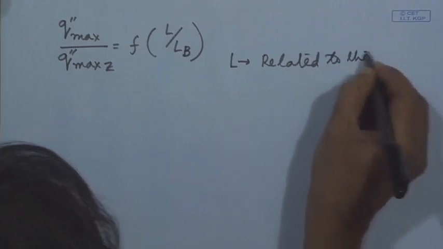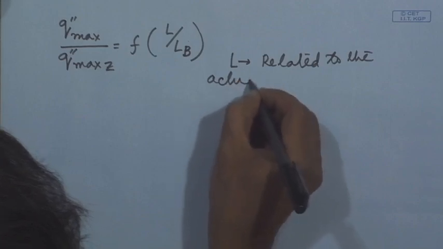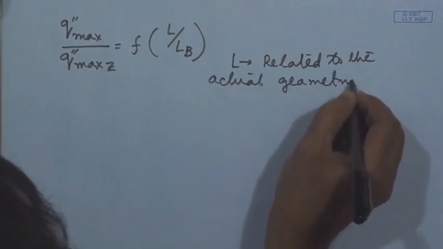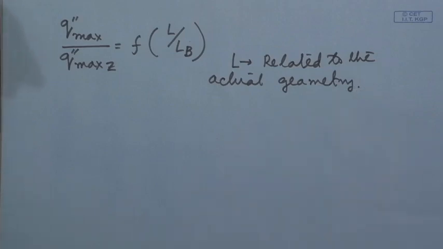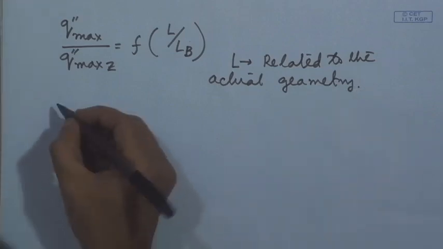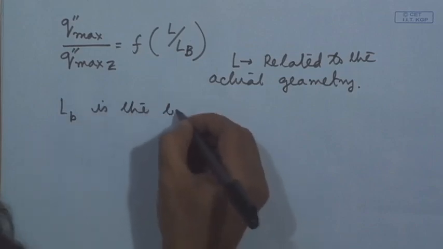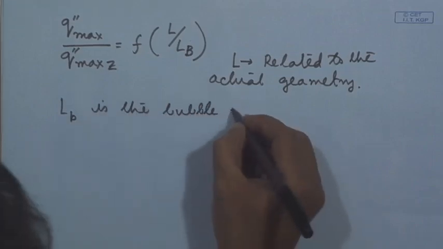L is a length scale which is related to the actual geometry. LB is the bubble or capillary length.